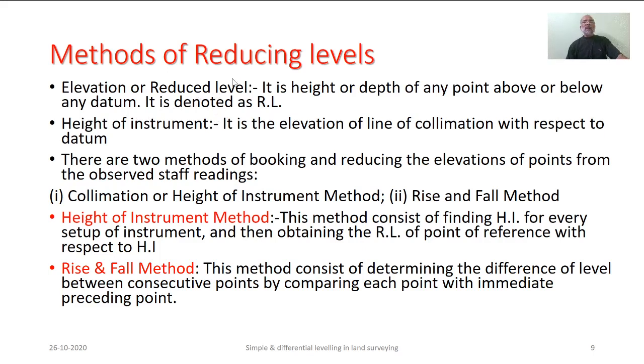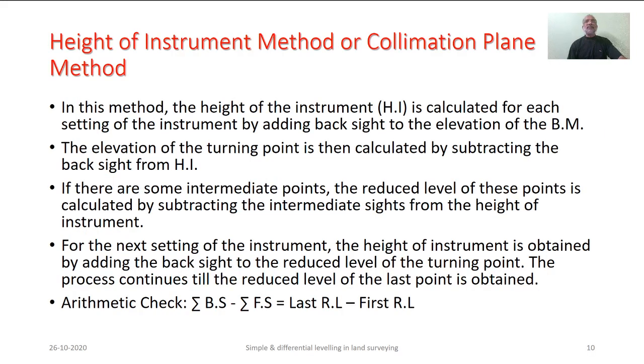During this reducing level operation, we wish to know about the height of instrument, which is nothing but the RL, or elevation of line of collimation with respect to that particular datum. So by making use of these two, we can have either the collimation or height of instrument method or the rise and fall method in order to determine the reduced levels of the various stations that have been included in the scope of leveling work. More about this in subsequent slides.